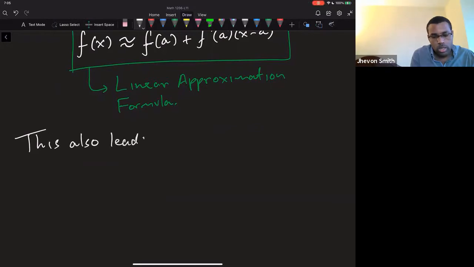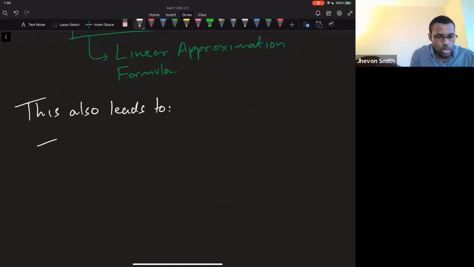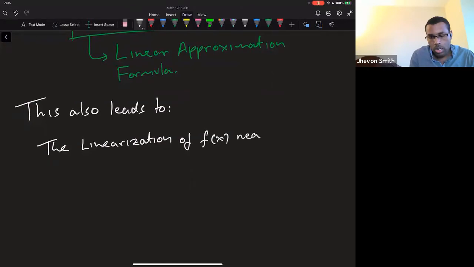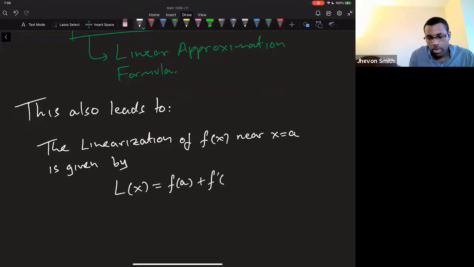The linearization of f of x near x equals a is given by, call this function L of x, but it's really f of a plus f prime of a times x minus a.